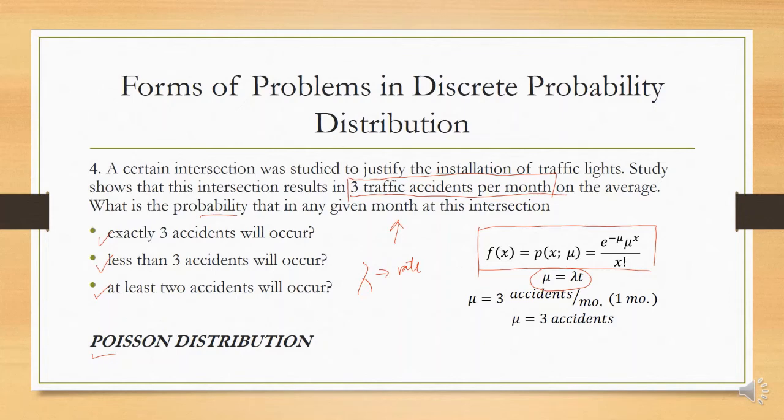So, ang ating mu is actually 3 accidents per month times yung 1 month. Kasi nandyan naman yung ano natin, in any given month, sabi niya. So, dapat i-multiply ninyo yon, make sure your units are the same, so you can get your mu. Okay?